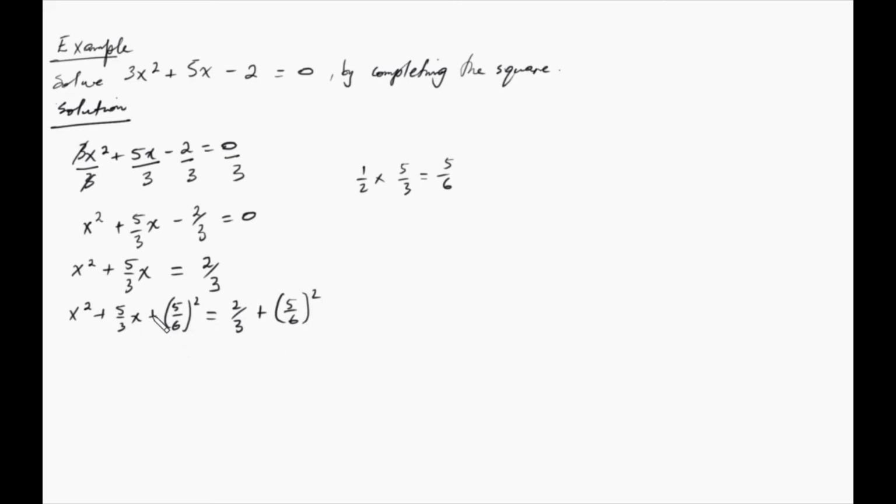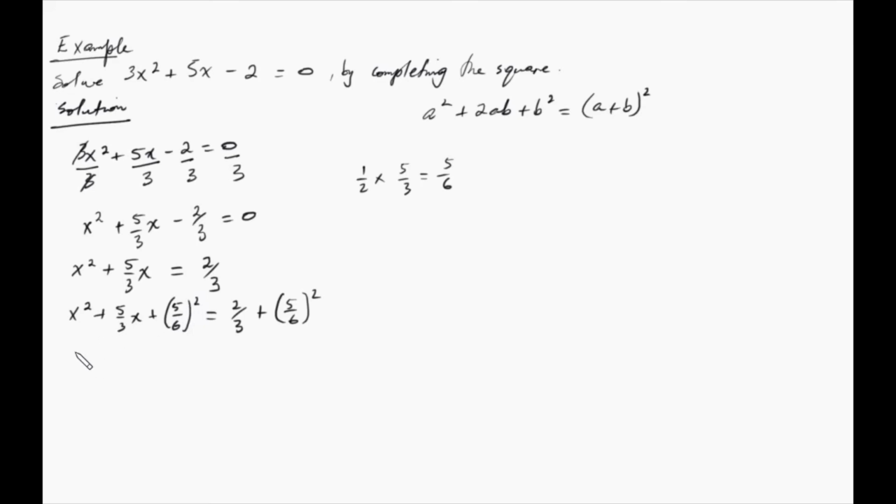Now we can factorize this. Remember, I told you, and I will still tell you, that we have a squared plus 2ab plus b squared, which is equal to a plus b all squared. So we have this as a squared plus 2ab plus b squared.